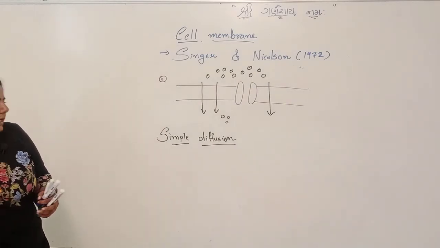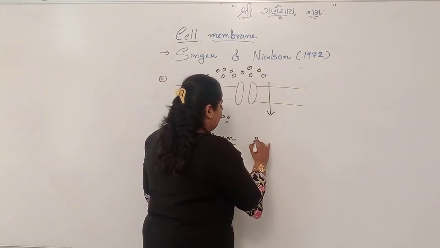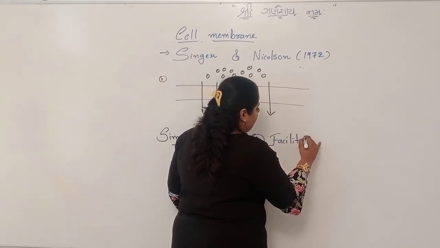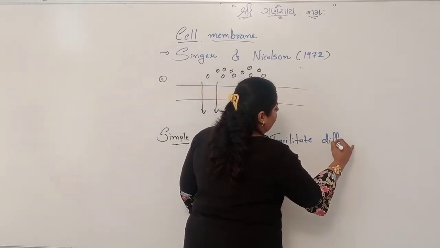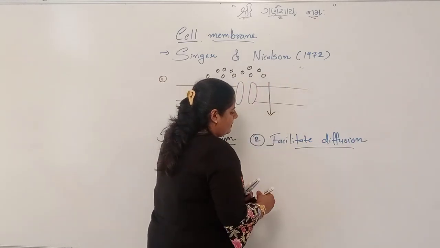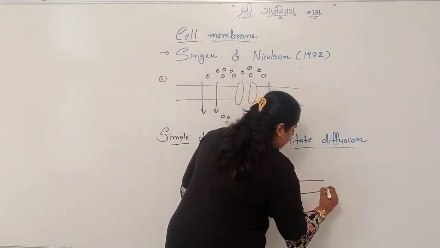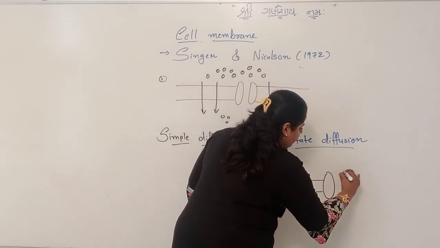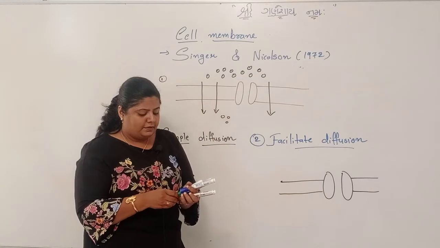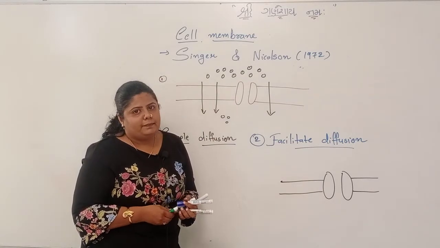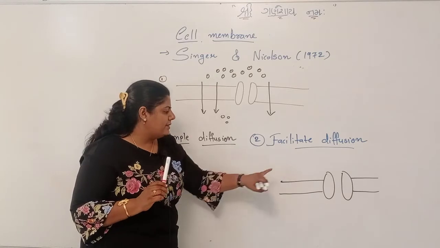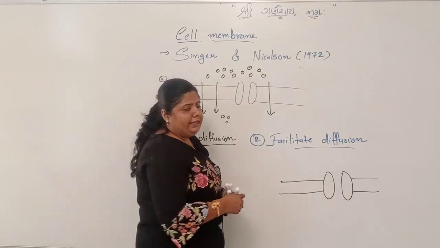So now second thing, facilitated diffusion. Okay. Suppose this is our lipid bilayer, protein channels. If molecules are water soluble, then this type of molecule can't pass through this lipid bilayer.